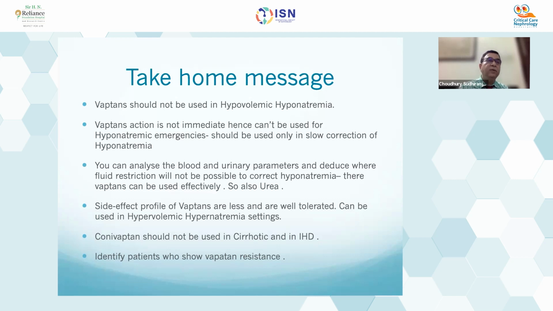So we used to give urea to the patient orally to excrete out the free water, and that worked well with those patients also, the tea and toast diet people, or the beer potomania or the onco cases. Urea also used to be our main way of prevention of hyponatremia or correcting the sodium.